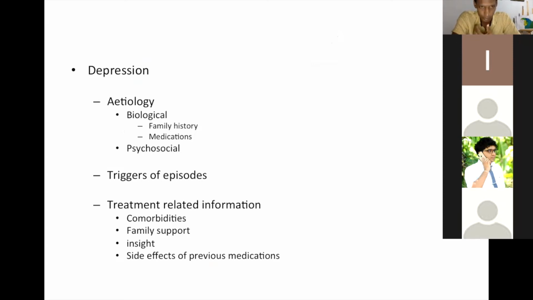Etiology could be biological, okay? And in that case, we would like to know whether there are other family members who have had psychiatric illnesses, depressive illnesses. If they have such a family history, that means the chances of the diagnosis of depression become much more probable, right?